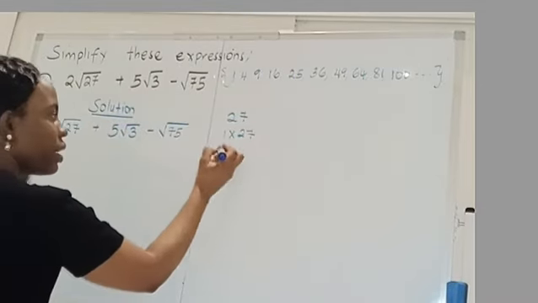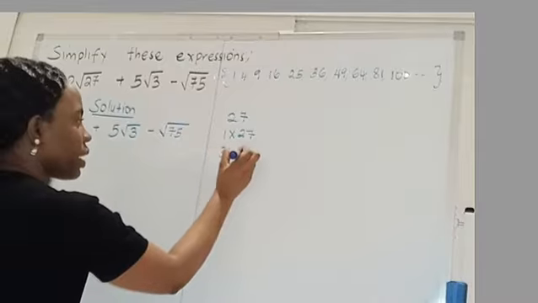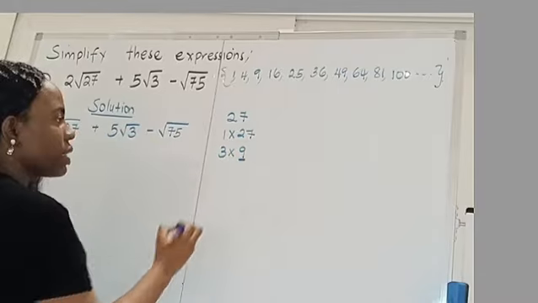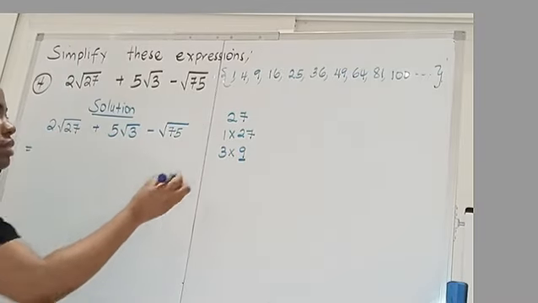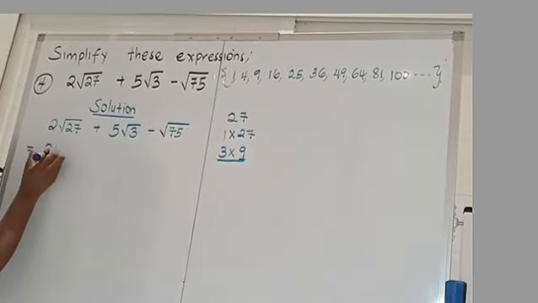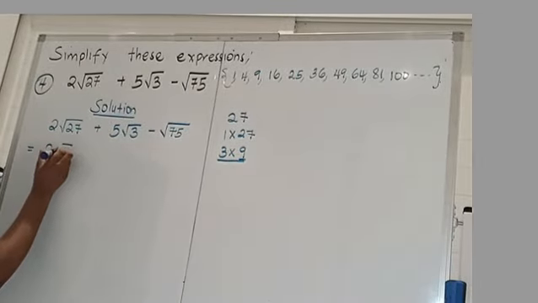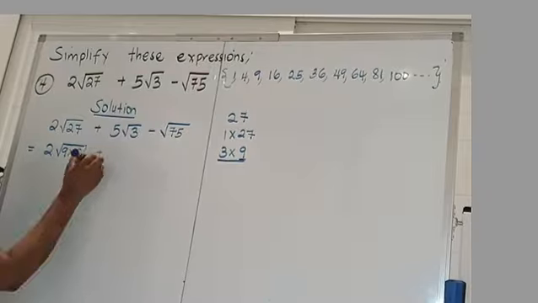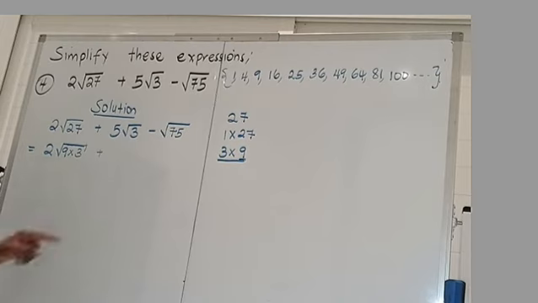Then 3 times 9, you get 27. Now because 9 is a square number, I'll take 3 and 9. So this is going to be 2 root 9 times 3, plus 5 root 3.